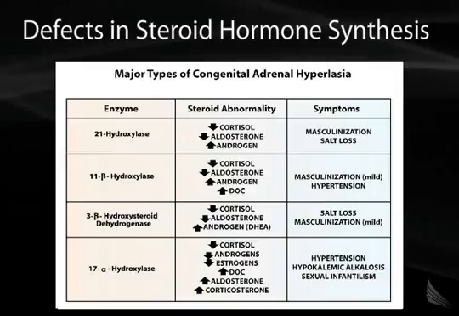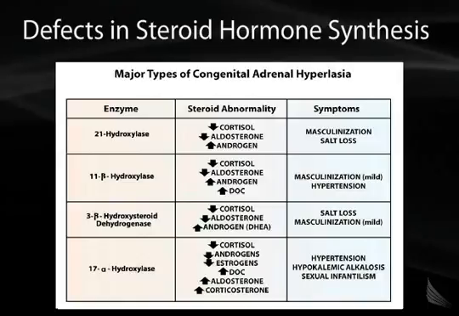For 3-beta-HSD, the problem is again very similar: low cortisol, low aldosterone, and everything gets shifted over to the androgen pathway. And again, in a female infant, this can be manifested as mild ambiguous genitalia with some mild salt wasting as well. And then finally, in the most extreme case, 17-alpha-hydroxylase, the enzyme is important for the generation of all the pathways, which includes aldosterone, cortisol, and androgens.